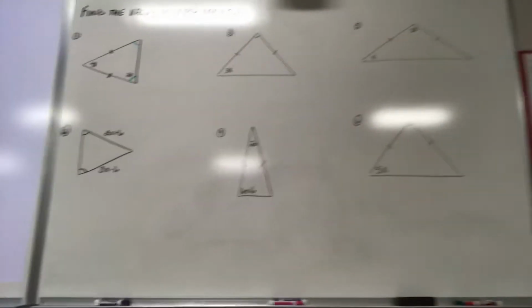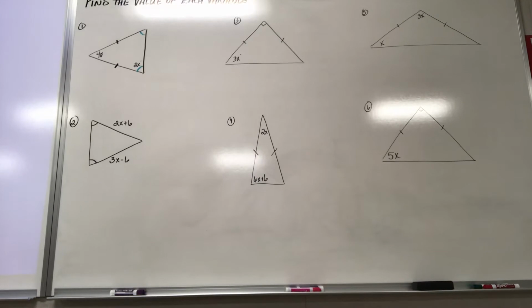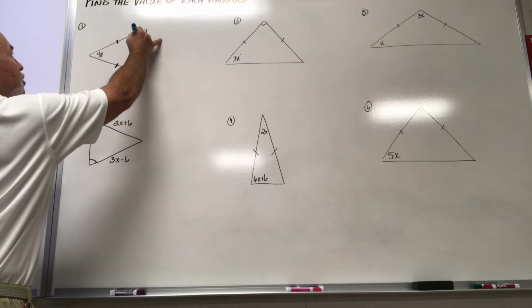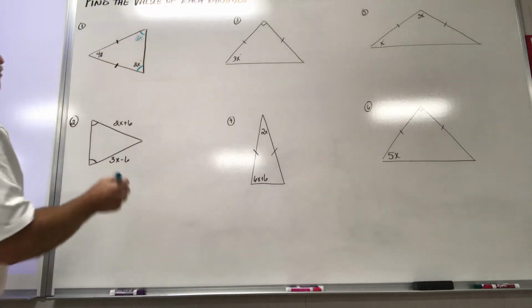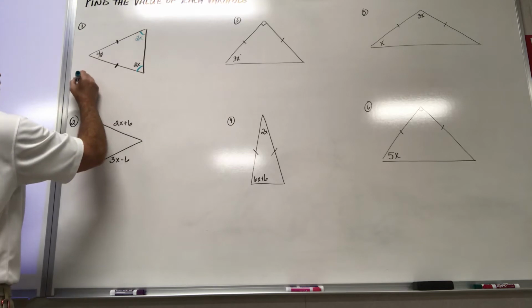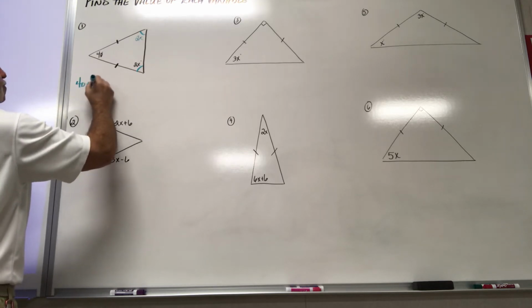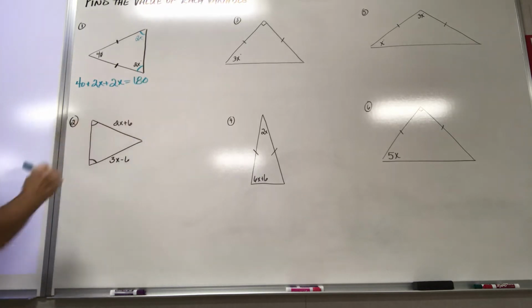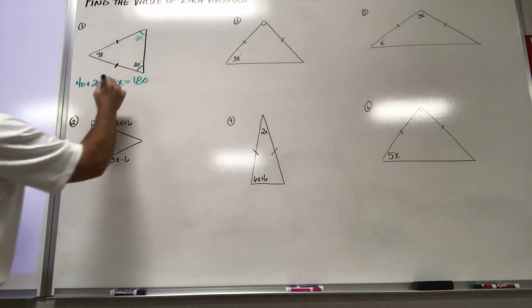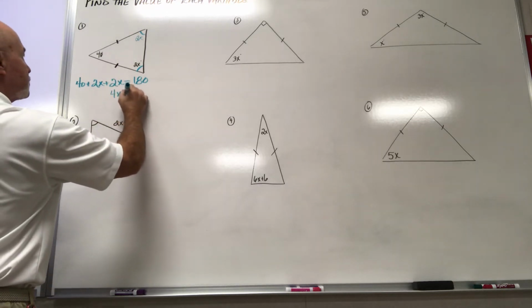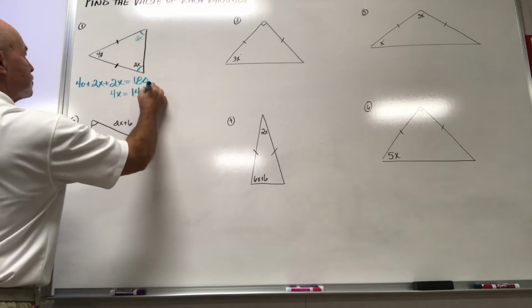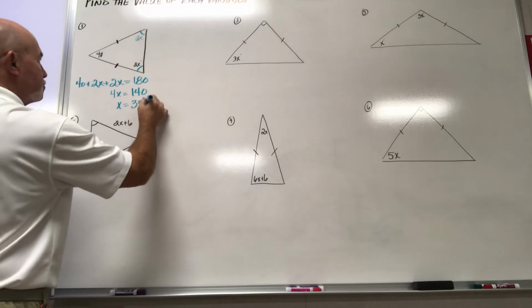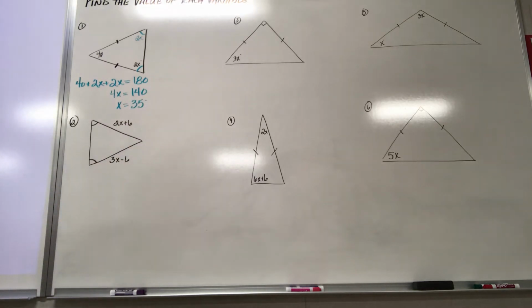So, if those 2 are equal to each other, that means this is also 2x, which now gives me 40 plus 2x plus 2x. Yes, you can jump ahead. Okay, so we get x equals 35.